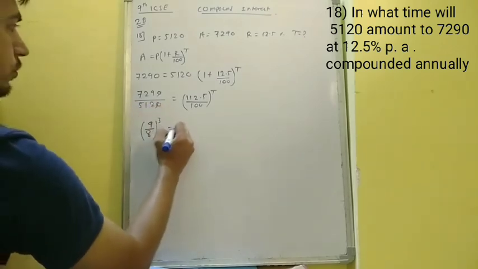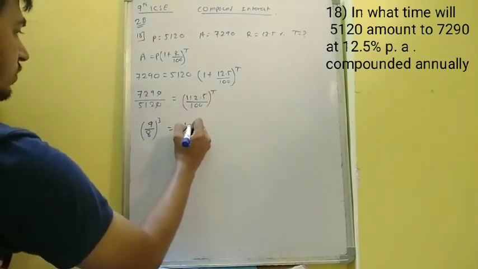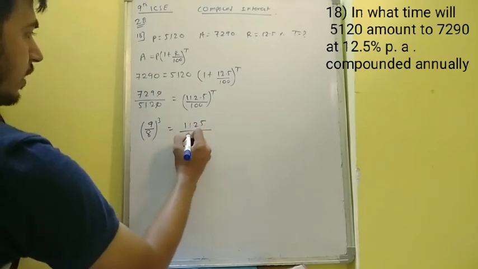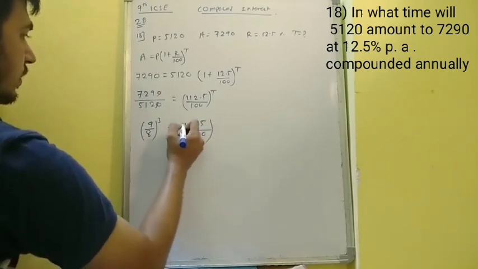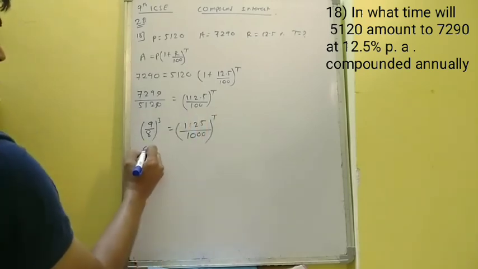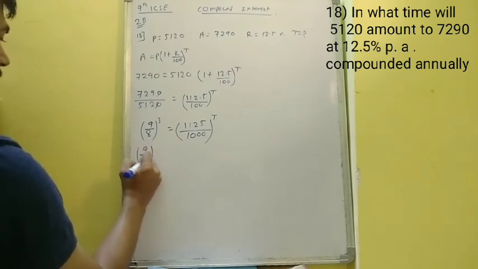So how to solve this? See, I will multiply by 10, so it is 1125 upon 1000 raised to t. 9 upon 8 will be as it is throughout.